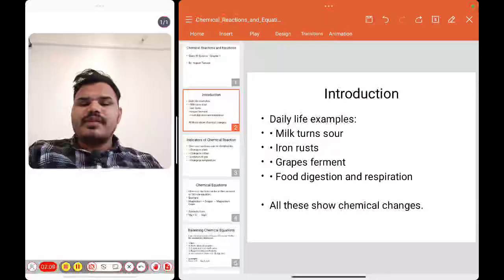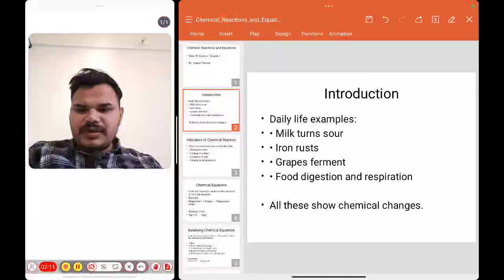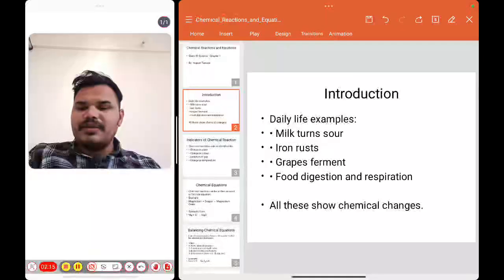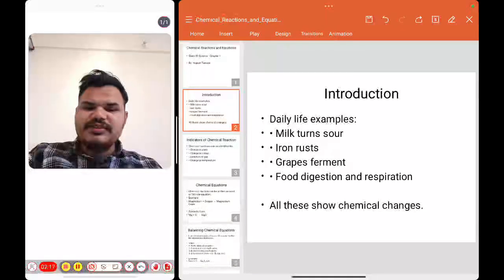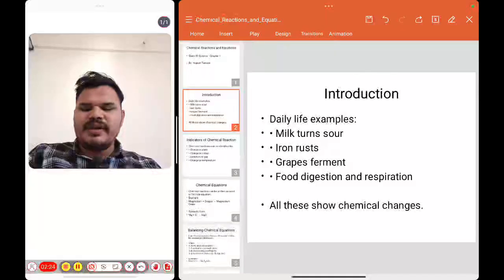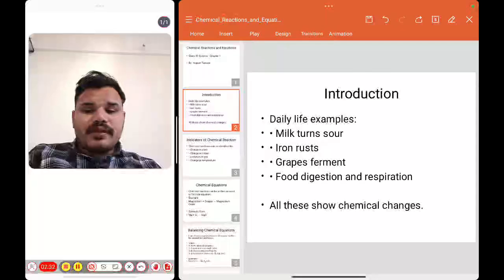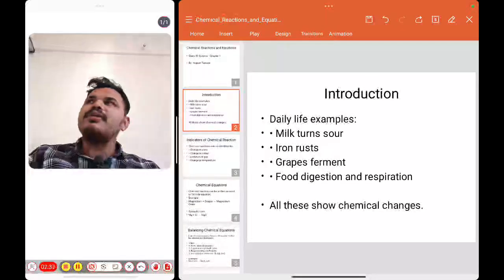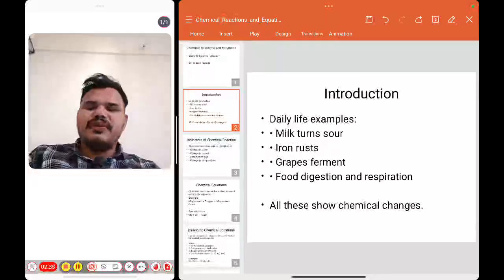Then in human beings, or whatever the living organism, we have important life processes such as digestion and respiration. Digestion is whatever intake we have taken, like food materials, the carbohydrates in our bodies, from which we get the nutrients, and how ATP, the energy, is formed.